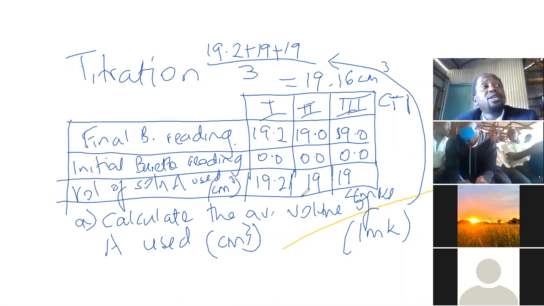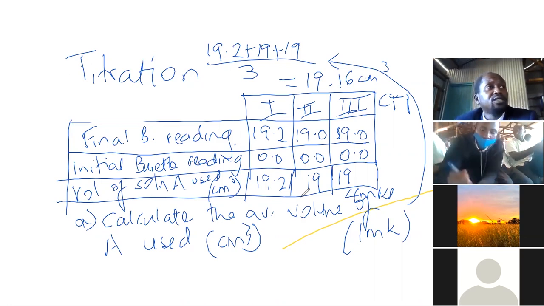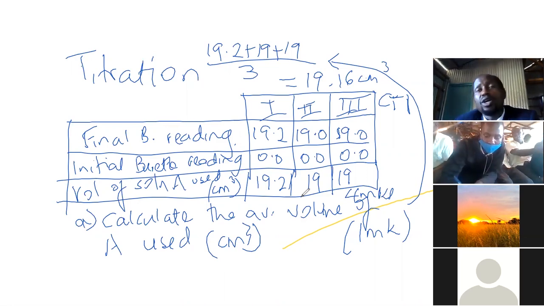Number 4, you will be denied the mark if you have a wrong arithmetic. That is, you have subtracted wrongly. You'll be denied half a mark. You can also be denied half a mark if you add an additional row or an additional column.